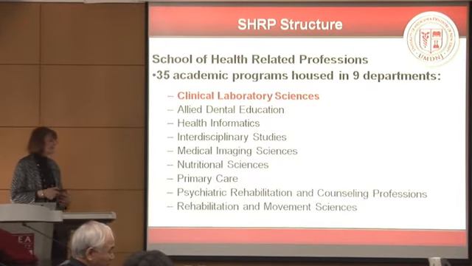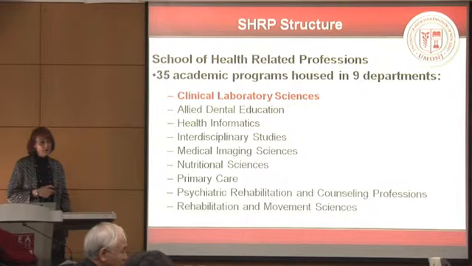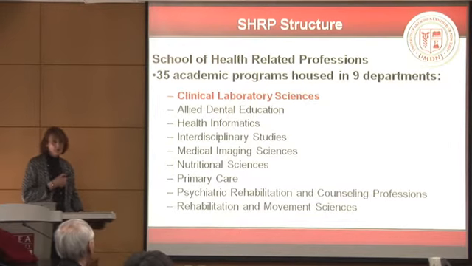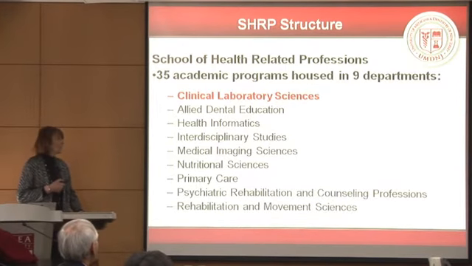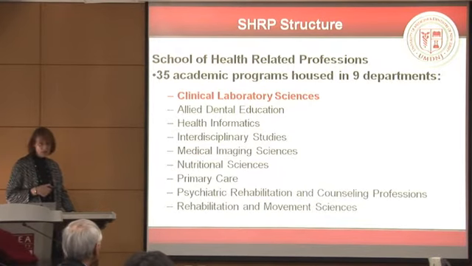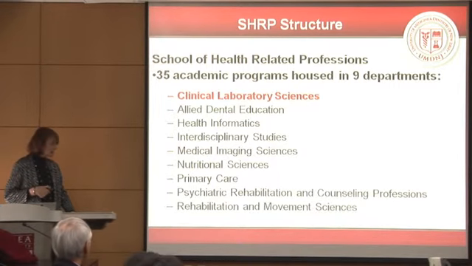The school has 35 academic programs. It is the largest health sciences university in the United States in terms of numbers of different programs. These are the departments. So we have clinical laboratory sciences, allied dental education, health informatics, interdisciplinary studies, medical imaging, nutritional sciences, primary care.